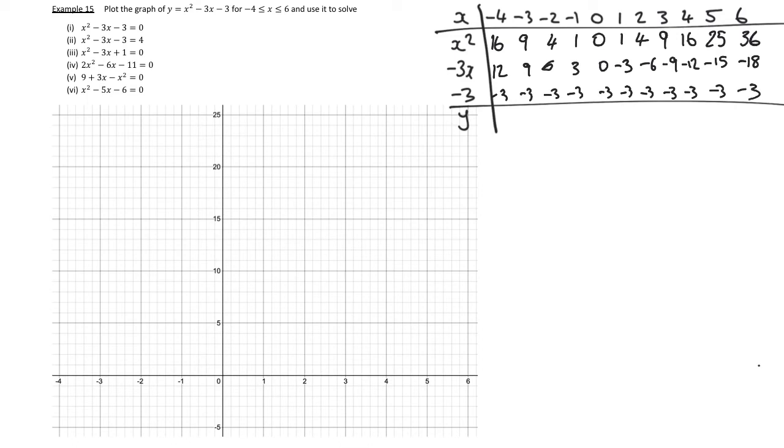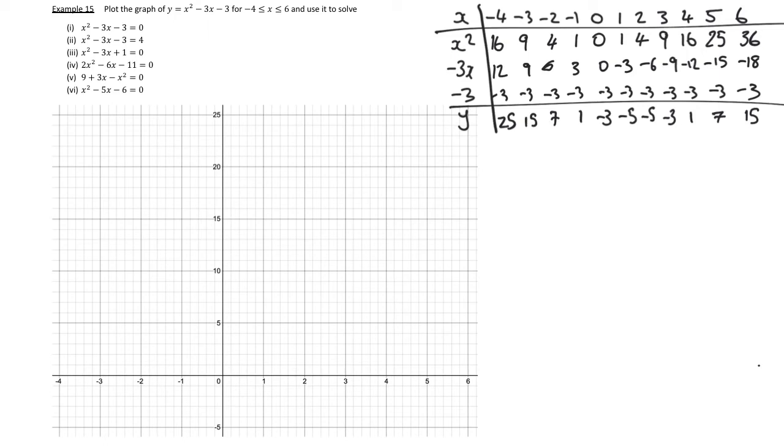Then if we add the three values of 16, 12 and minus 3, we get 25, then 15, then 7, then 1, then minus 3, minus 5, minus 5, minus 3, 1, 7, and 15. So we can plot those values out.